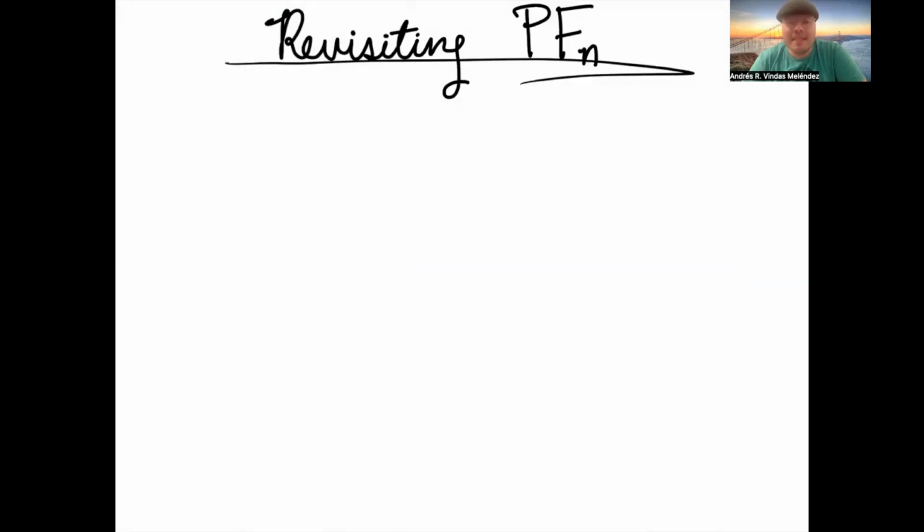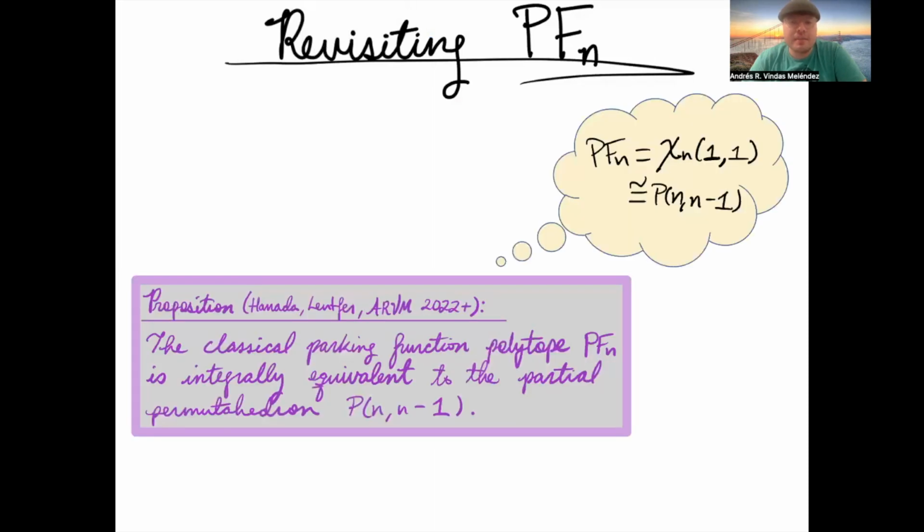So now let's revisit the classical parking function polytope. We show that the classical parking function polytope is integrally equivalent to this partial permutahedron when we take n, and then in the notation that we used for the partial permutahedron, we take p to be n minus 1.